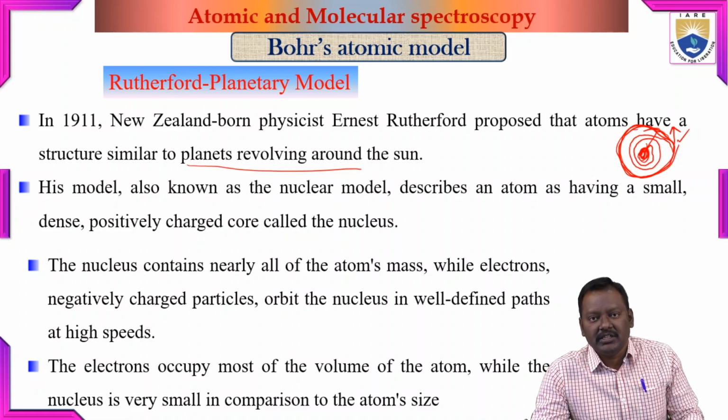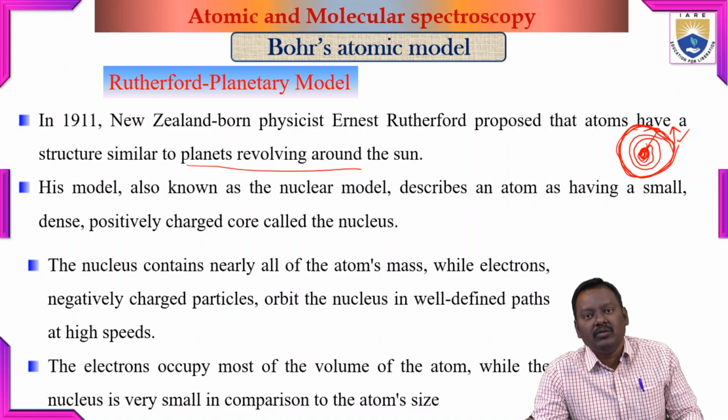These models, J.J. Thomson and Rutherford planetary model, could not explain the line spectrum, why those particular lines are emitted by gases, monoatomic gases, when they are exposed to higher temperatures.